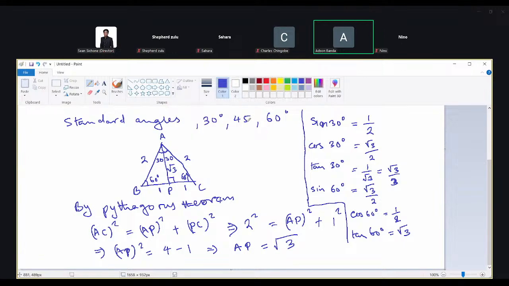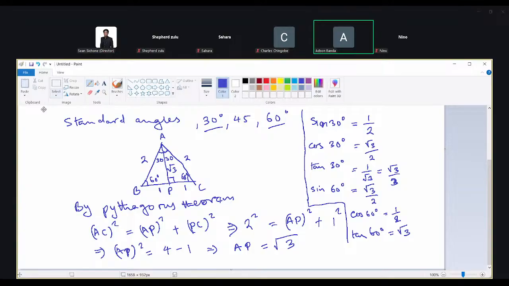Right, so we just talked about the standard ratios of 60 degrees and 30 degrees. So we want to look at the standard ratios of 45 degrees.